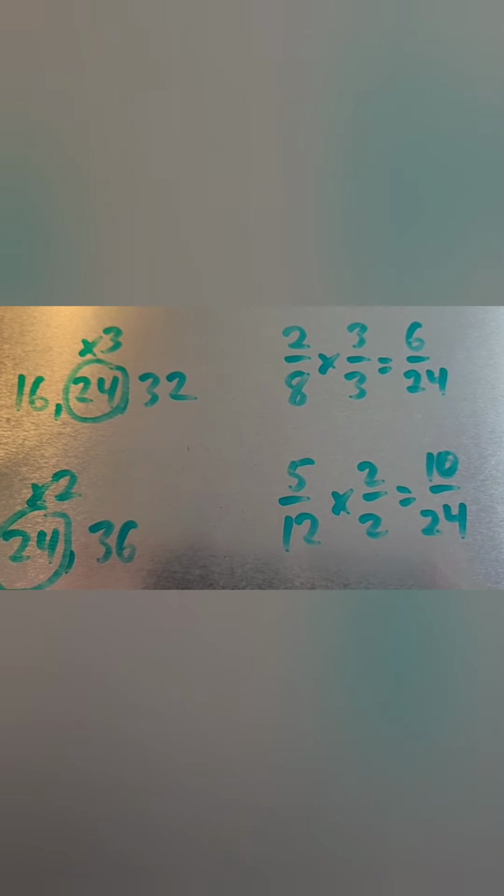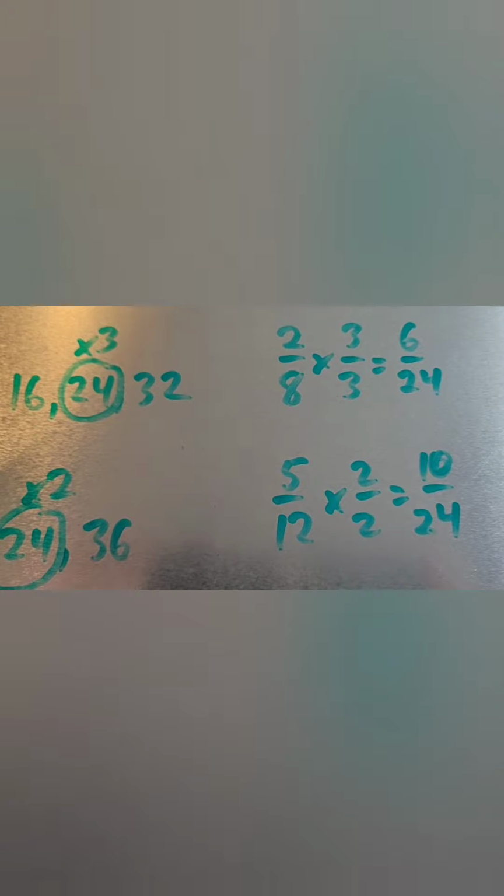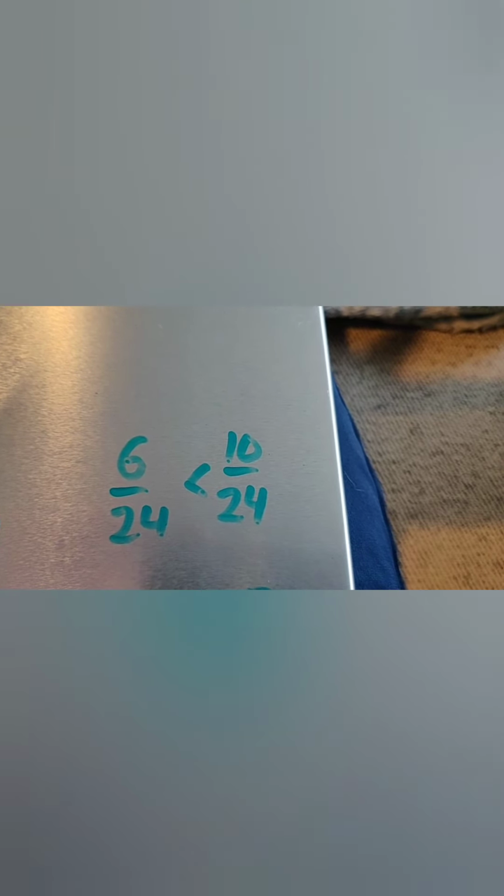We can now compare 6/24 and 10/24. 6/24 is less than 10/24, partly because the rule is when you have the same denominator, the fraction with the smaller numerator is lesser. But also we can think about it: our whole in both of those fractions is broken into 24 equal parts of the same size. So if you have 6 of those same size parts, it's going to be less than 10 of those same size parts.